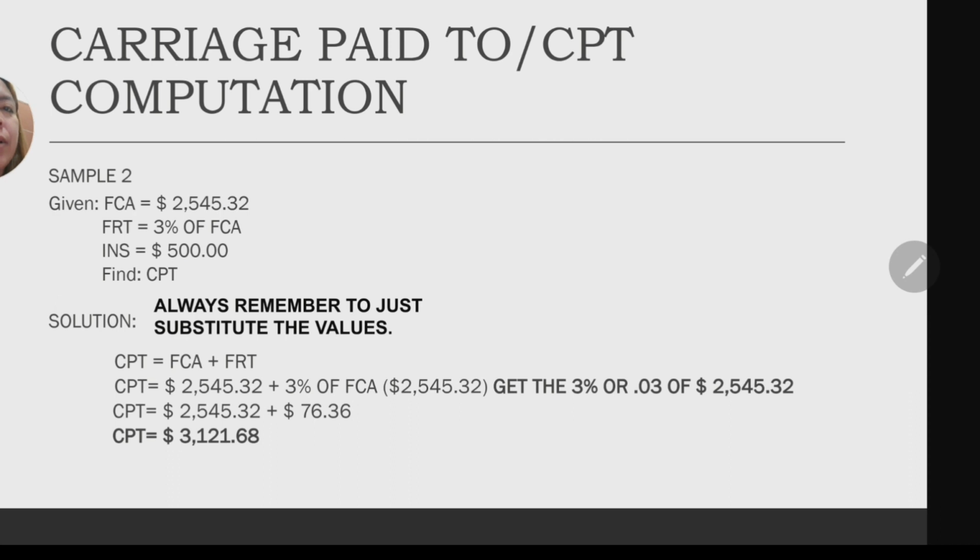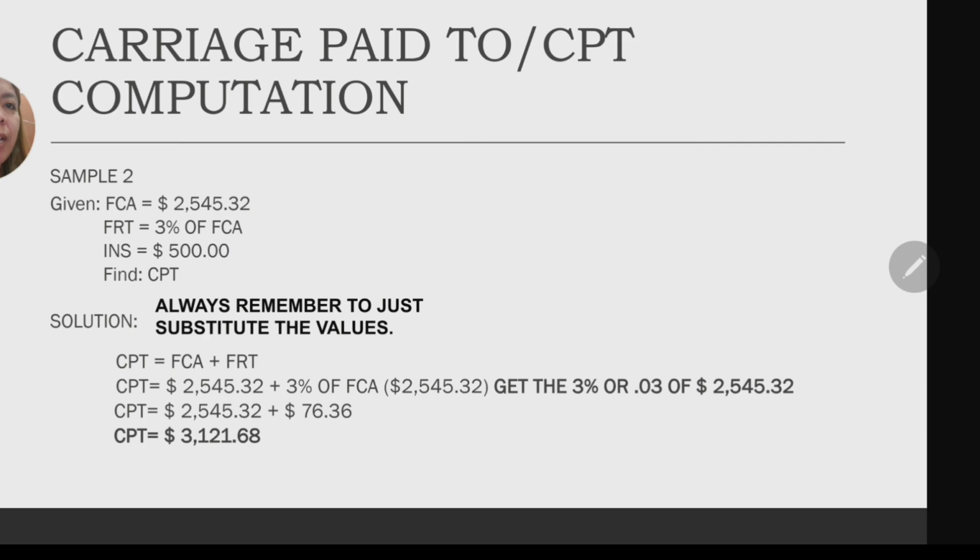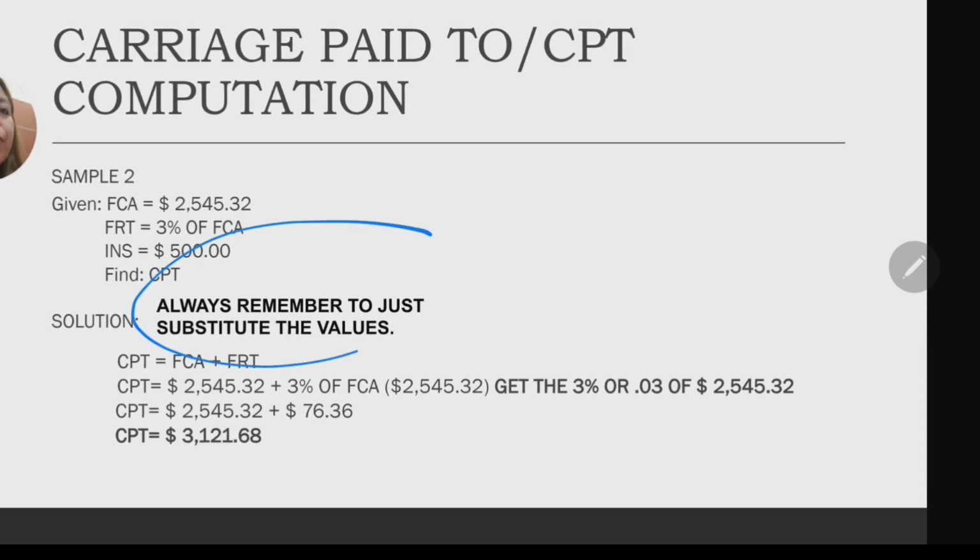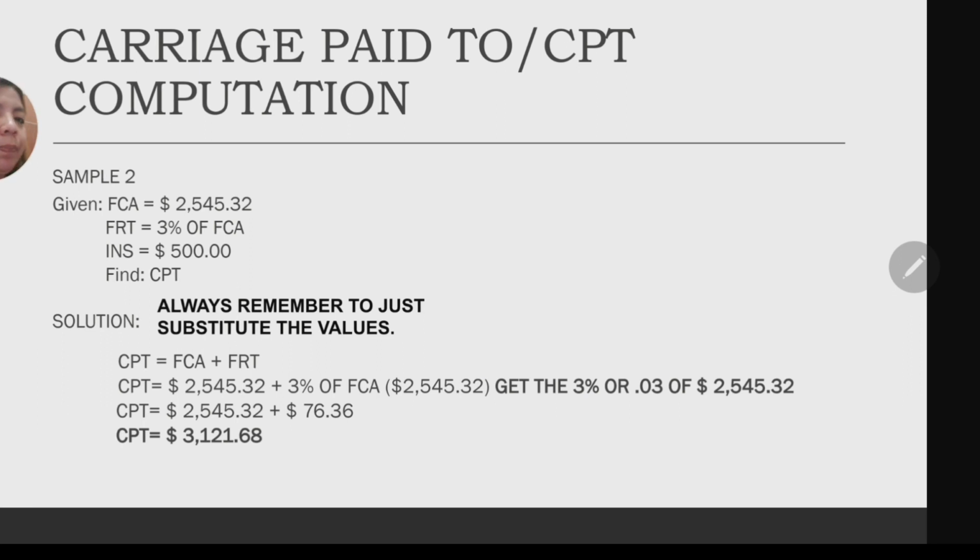Another example. In this example, we have the given FCA, which is 2,545.32. Your freight is 3% of the FCA, and there is a given insurance of $500, and again, we are looking for your CPT. Again, we should always remember to substitute our values, so we first write the formula.